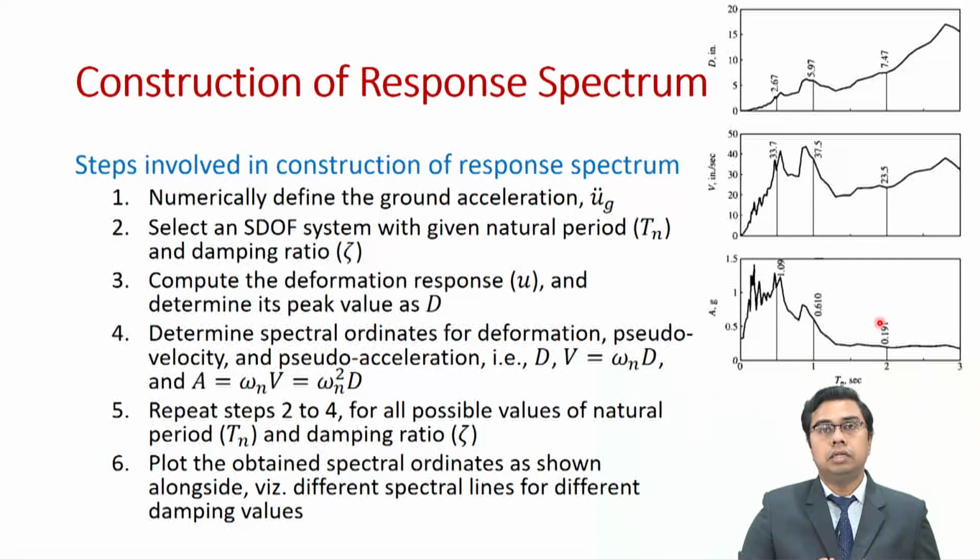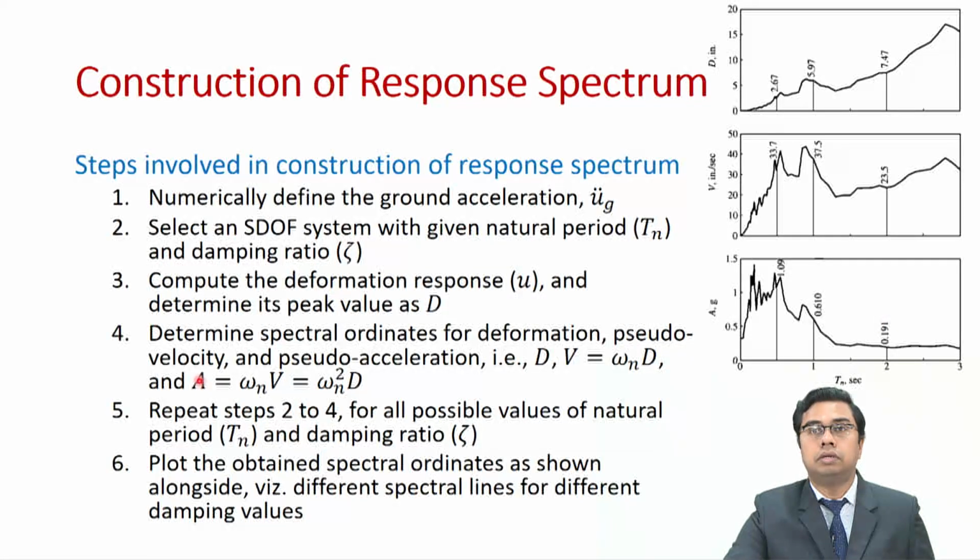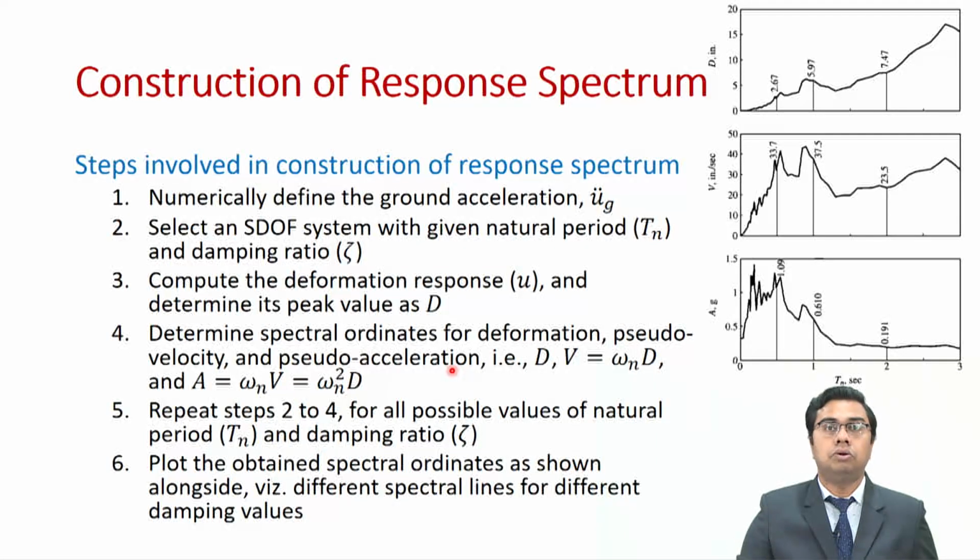Now, once we have understood construction of response spectrum, we should be aware that the same process may be repeated for other quantities such as actual velocity of the structure, actual acceleration of the structure, such as absolute or relative velocity and acceleration, energy dissipation, etc.